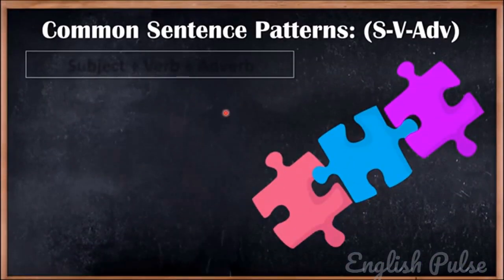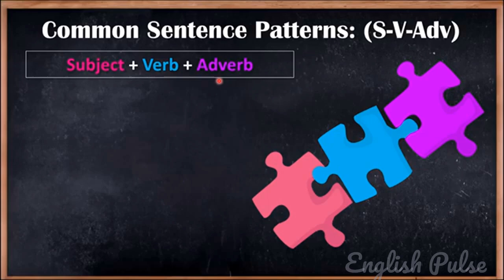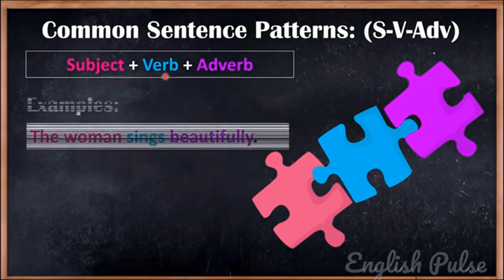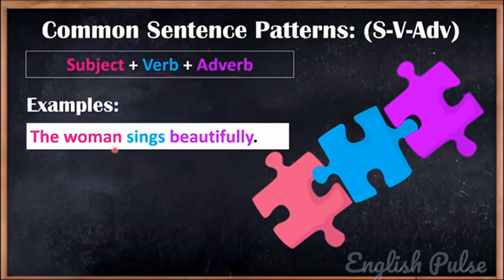Another common sentence pattern is subject plus verb plus adverb. In the previous example, we used adjectives to describe more characteristics of the subject, but with adverbs, we provide more detail about the verb or the action. For example, the woman sings beautifully. Beautifully is describing how the woman sings.